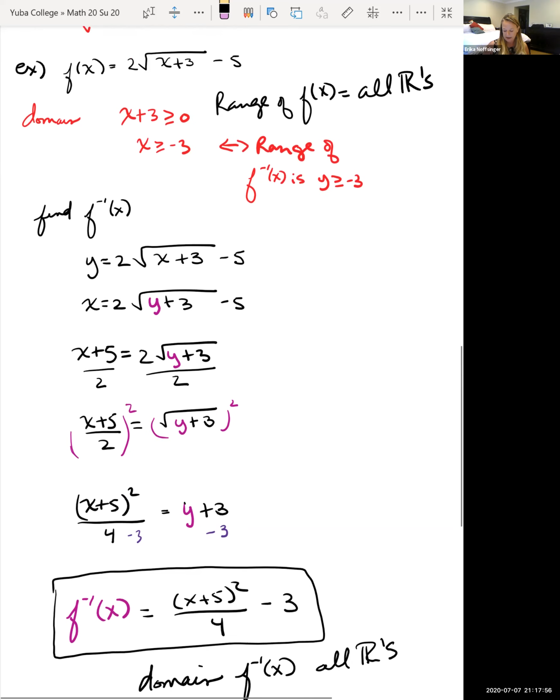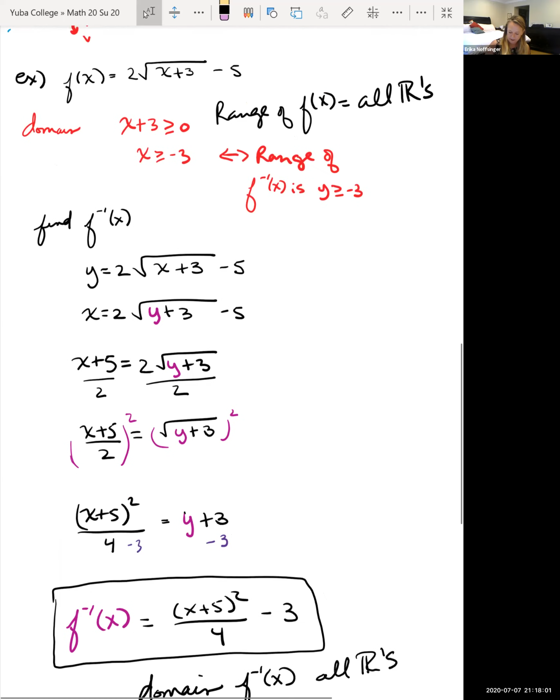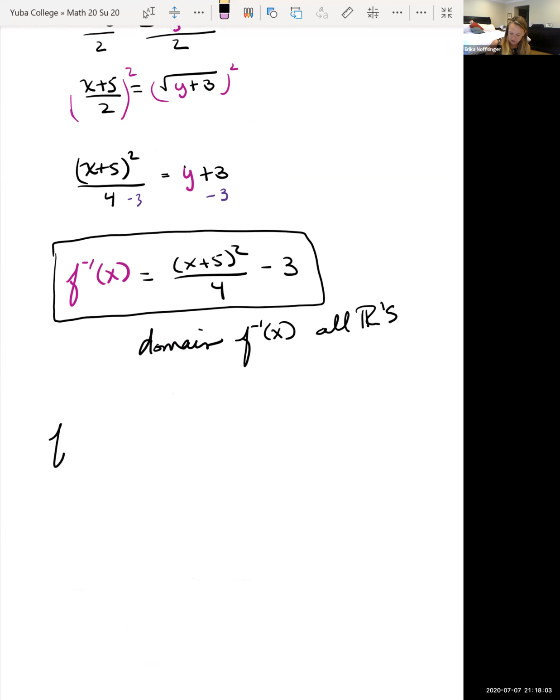So one way, taking the composition would give us back x. So let's go in, wherever we see an x in f of x, we're going to replace it with x plus 5 quantity squared all over 4, and then the minus 3.